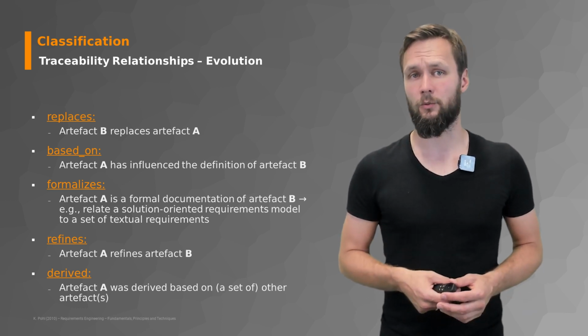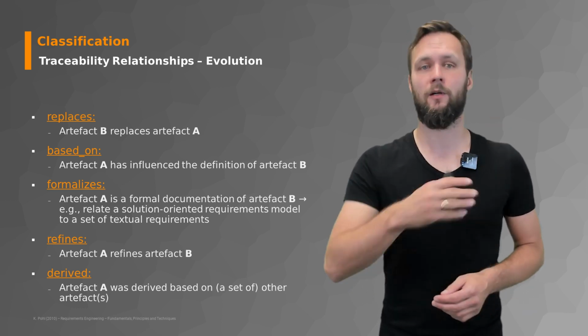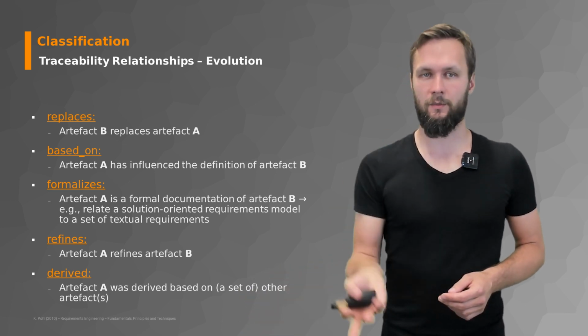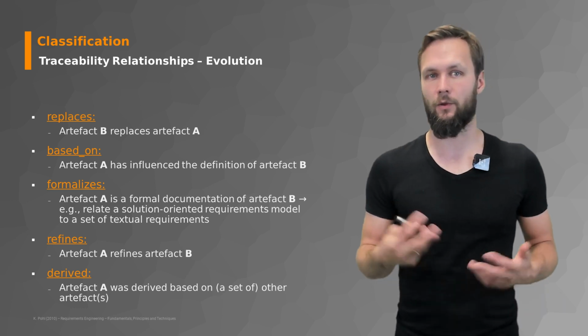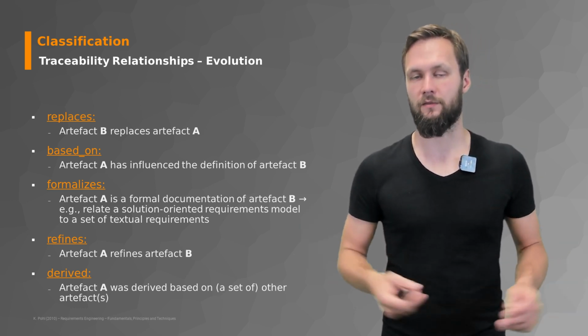Refinement being quite straightforward. Artifact A refines artifact B. And similarly, derivation is artifact A was derived based on a set of other artifacts, such as artifact B.